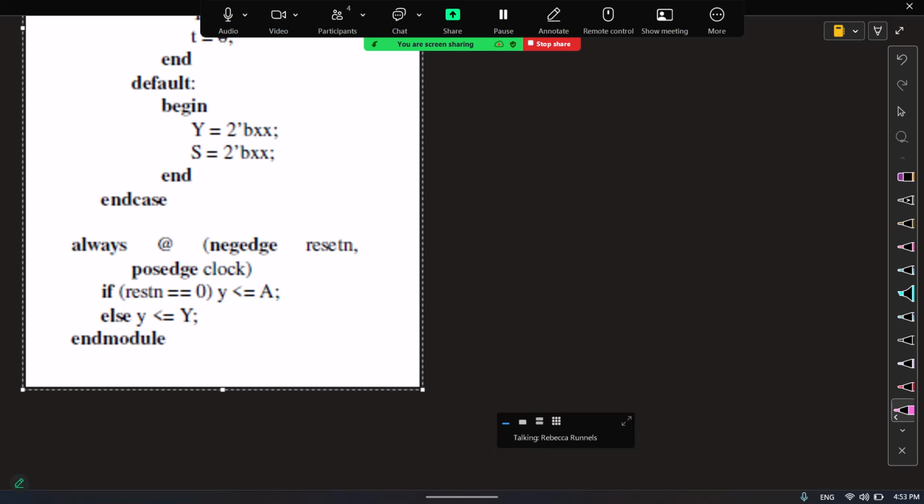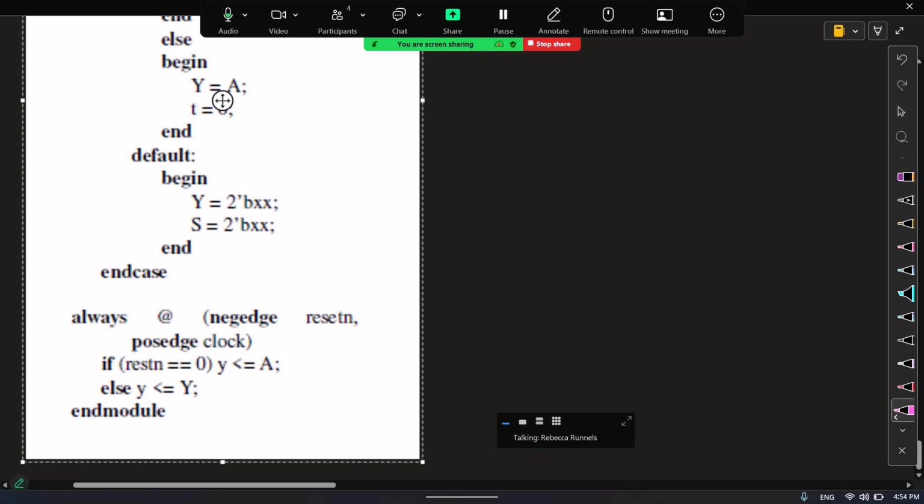That part's not important, but this is the reset. Posedge clock. So it's saying whenever you press the reset button or you're at the positive edge of the clock, do this. And it says if reset_in equals 0, that means you've pressed reset. So if you see that, that's telling you what the reset is.